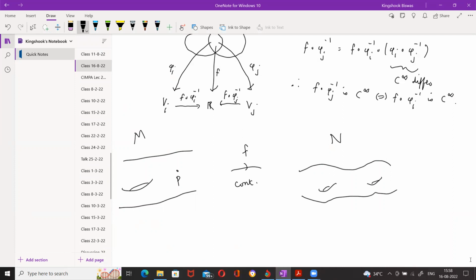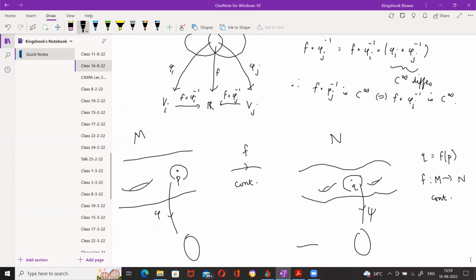Then if I have a point P, I look at Q, which is F of P. First I choose a chart near Q. Then by continuity of F, I can choose a chart near P which maps into this chart near Q. Then I take the chart maps phi here and psi here, and I get a map between open subsets of Rn and Rm.